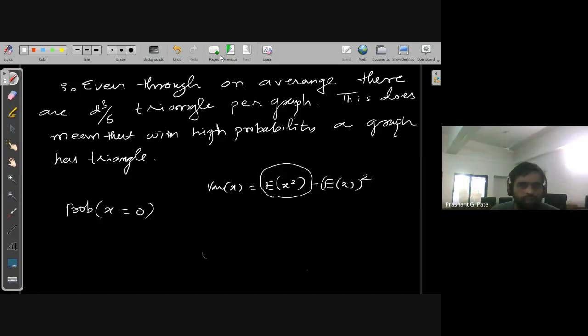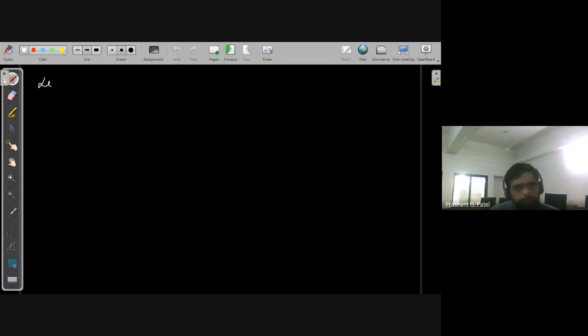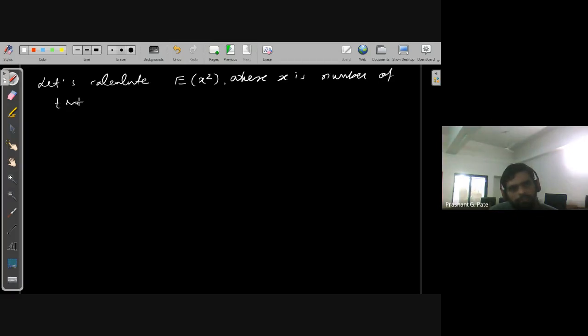So now let us calculate e of x square, where x is the number of triangles. We already wrote what the value of x is.